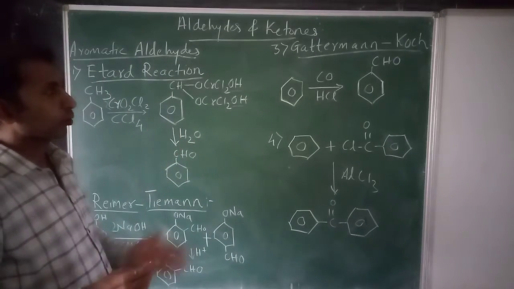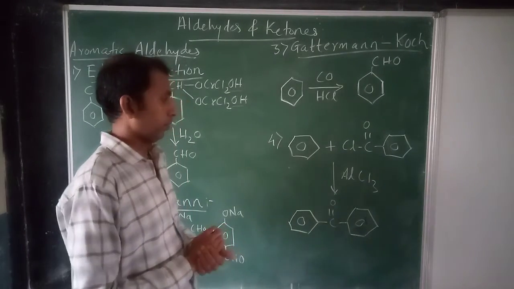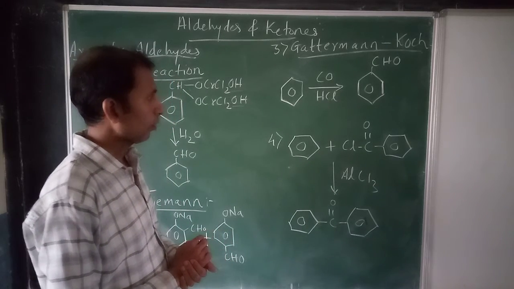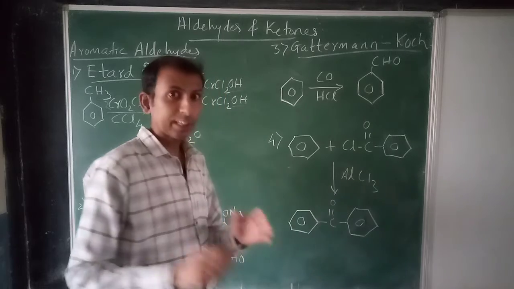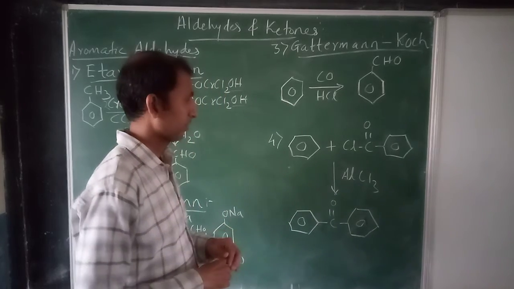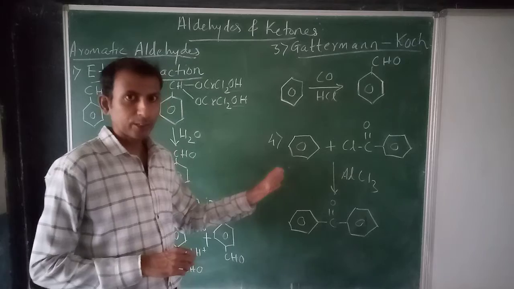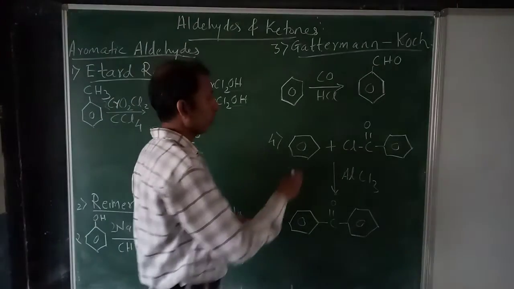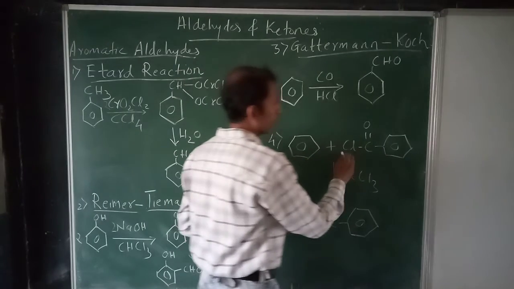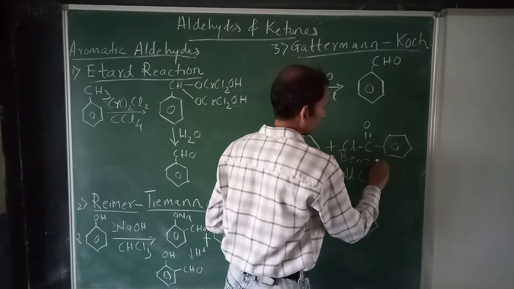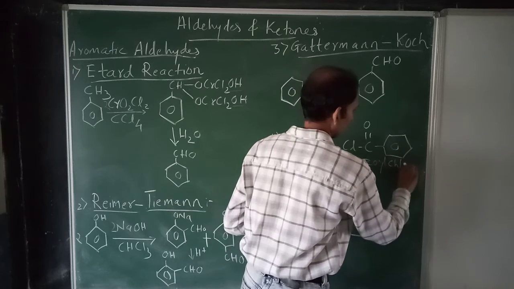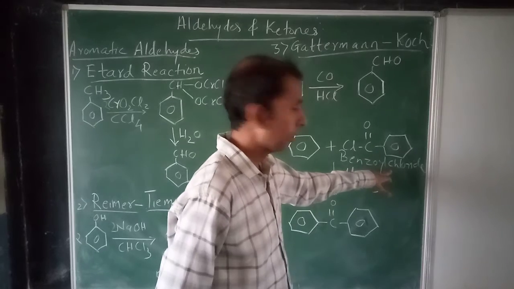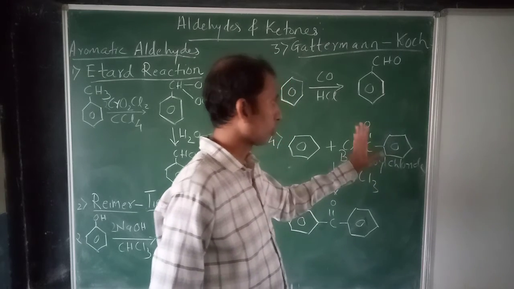Now we have the last method for today, preparation of benzophenone. Now preparation of benzophenone, which is a ketone. So one method of ketone also we are going to study now. You take benzene and benzoyl chloride. This is benzoyl chloride.